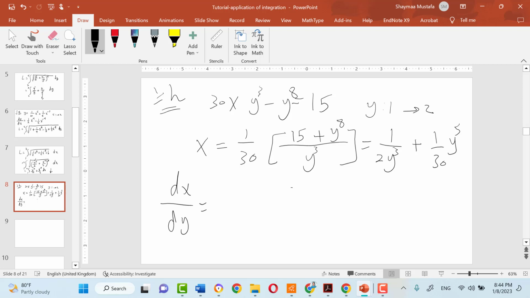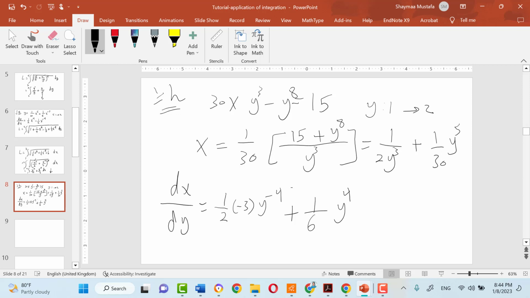So you will derive this one, derivative is equal to 1 over 2 minus 3y minus 4 plus 5 over 13, which is 1 over 6 y to the power 4. This is dx over dy.